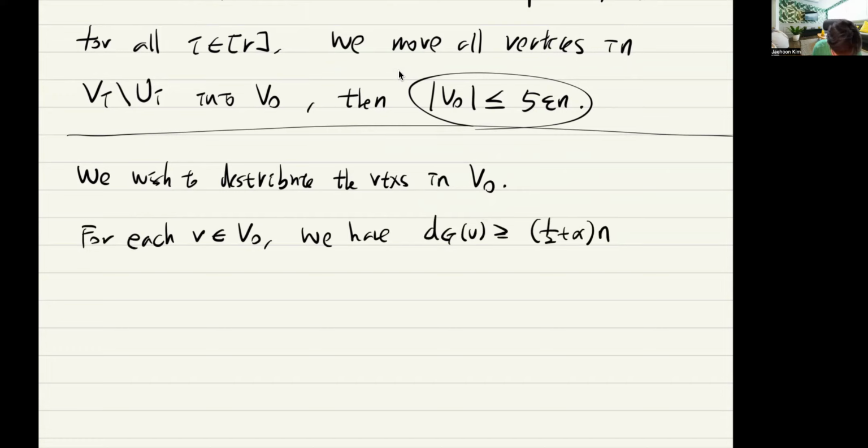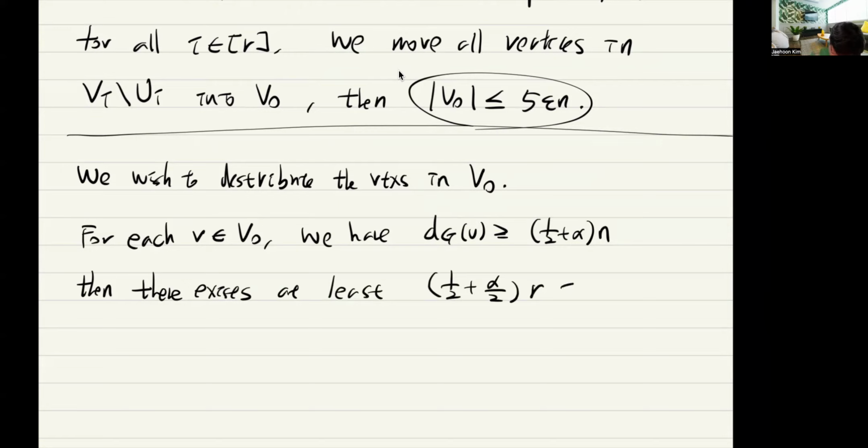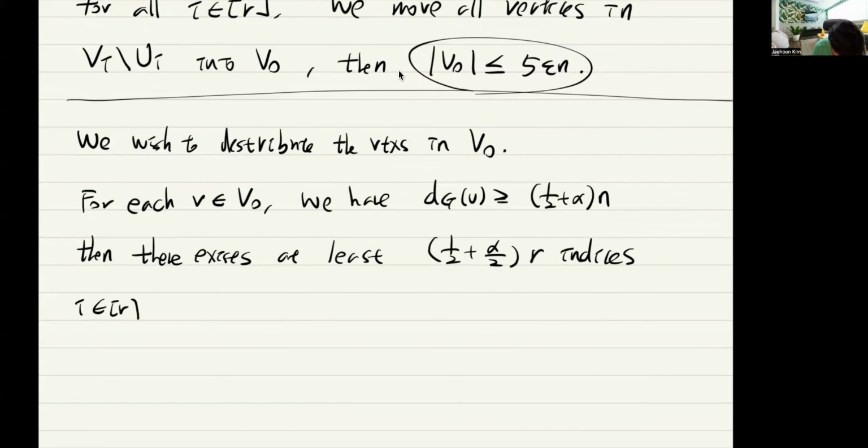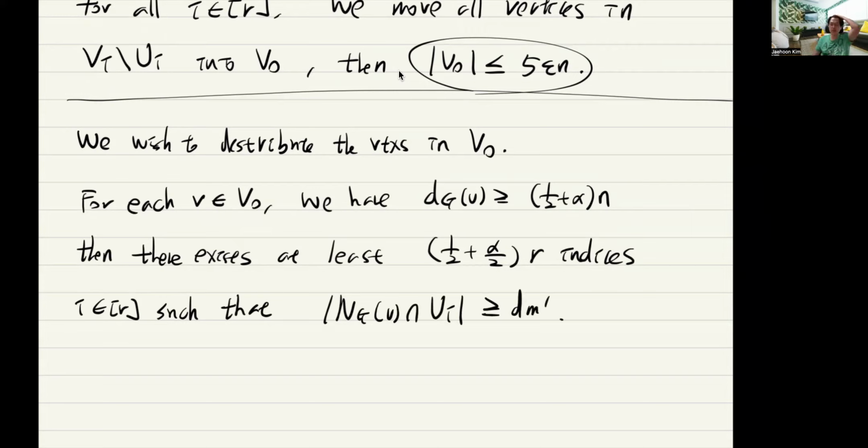Then this implies that there exist at least (r plus alpha over 2) indices i such that it sends at least d times m prime edges towards U_i.